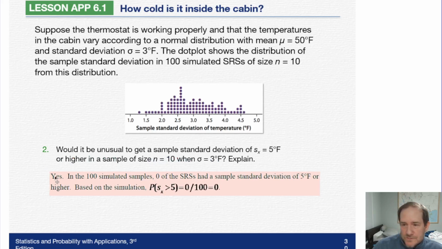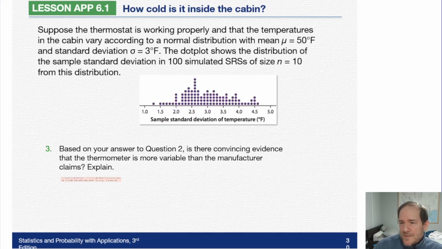It says, well, yeah, it would be very unusual to get a sample standard deviation of 5 because we just did 100 simulated samples and none of them had a sample standard deviation of 5 or higher. So based on our simulation, the probability of getting a sample standard deviation greater than 5 is 0. But it happened though. It did happen. Mrs. Starnes found it. So what does that mean?